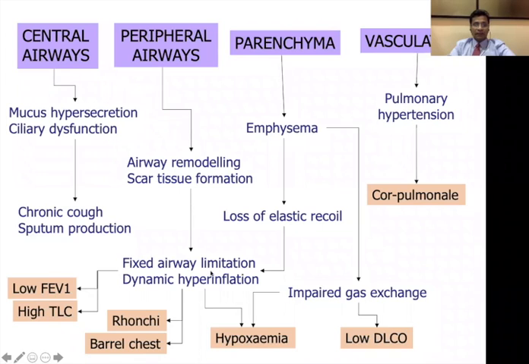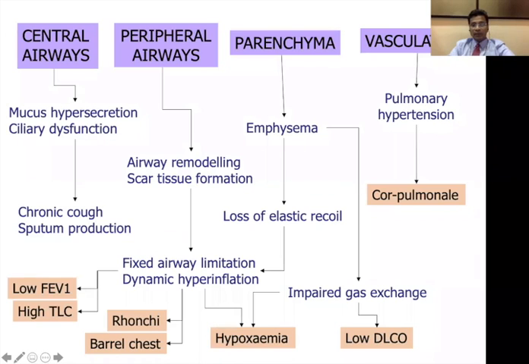When there is narrowing of the airways, it produces rhonchi or wheezes, and the chest looks barrel-shaped, which you can detect clinically. So there are signs of hyperinflation of the lungs, and in extreme hyperinflation, the chest looks like a barrel and it's called barrel-shaped chest.